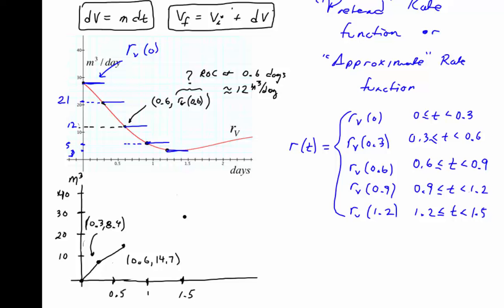Okay, so to get the change in volume for the third moment, you used 12, is that right? And what did you get for the change in V? 3.6? And then in order to get the next ordered pair, we have to apply this, right? What's our initial volume in the third moment?